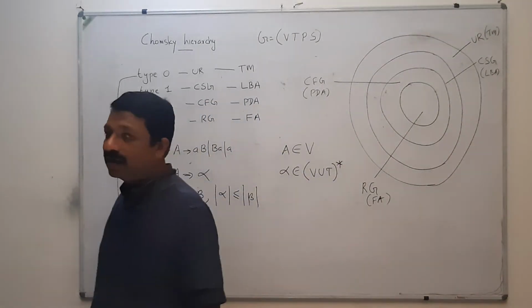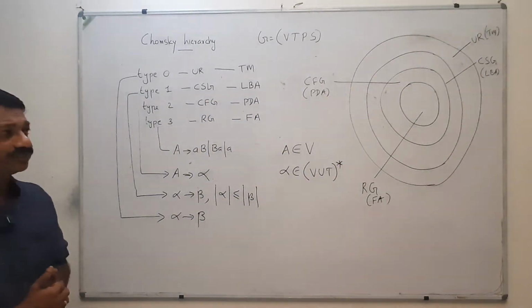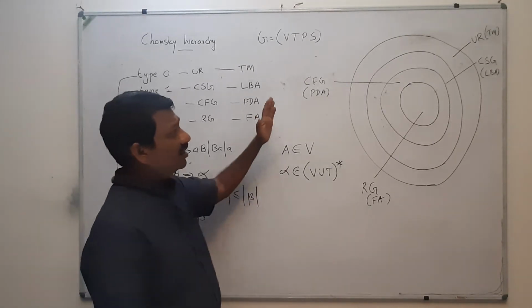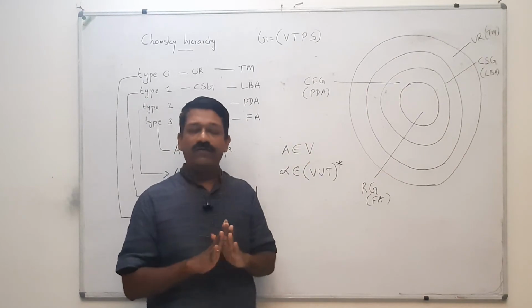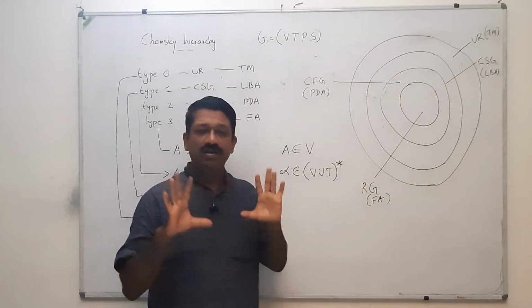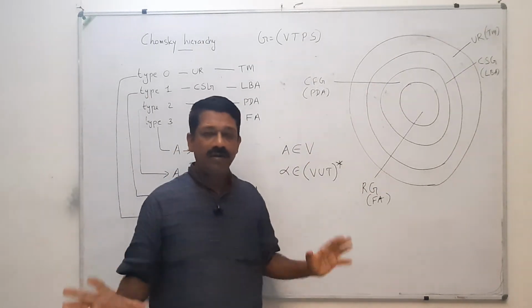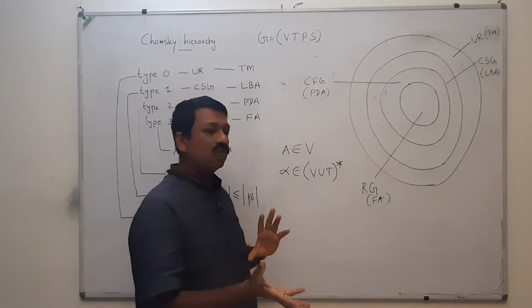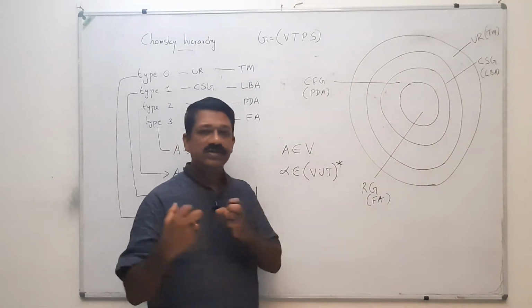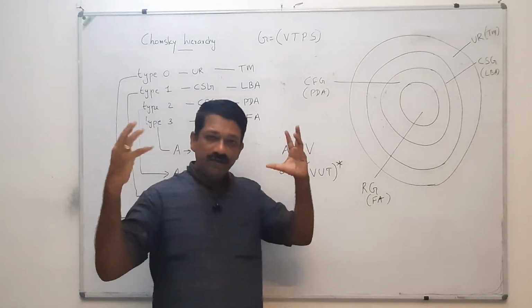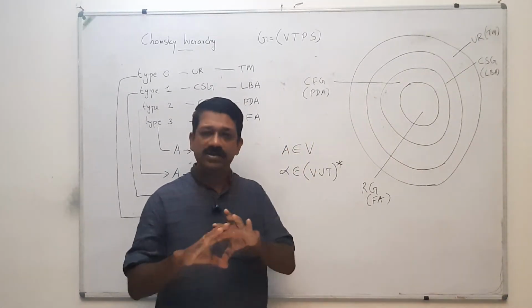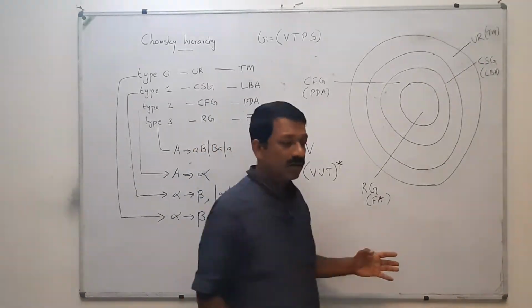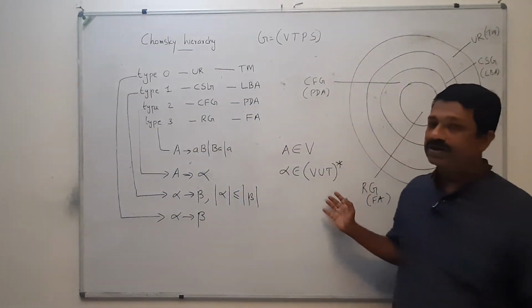Theory of computation is the study of grammars: unrestricted, context sensitive, context free, and regular languages, and the tools or automata which accept those. That is all about theory of computation.